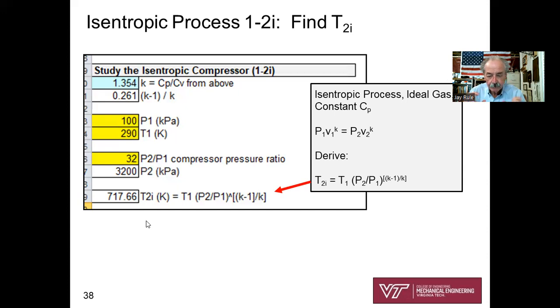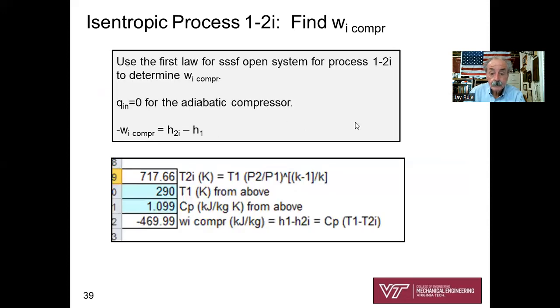Looking ahead, remember why we are doing this. We're trying to find the isentropic work for the compressor, and we're going to use the first law. Oh, I didn't add this in my notes. Qn, 0, minus Wi of the compressor equals H2i minus H1. I did write it here in my solution.